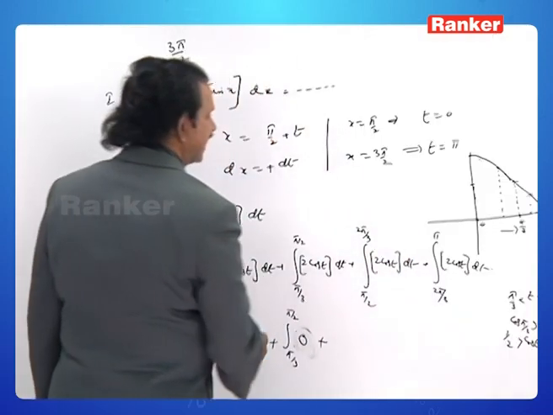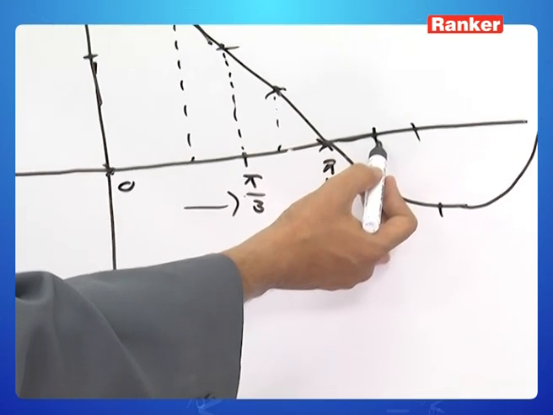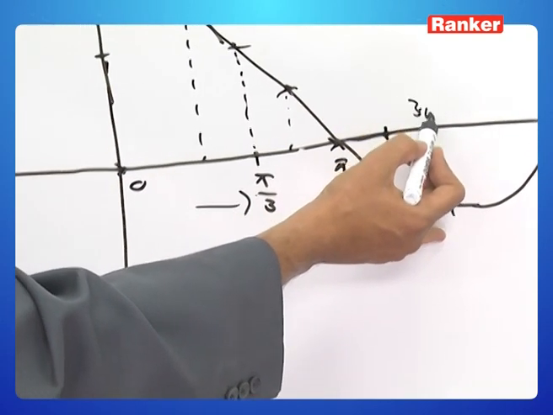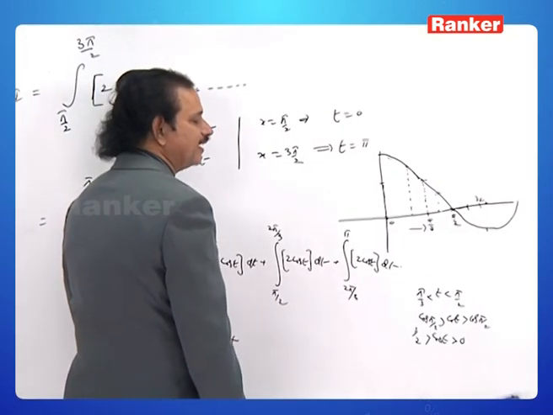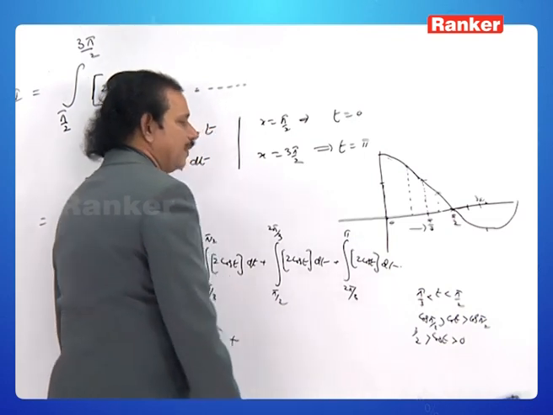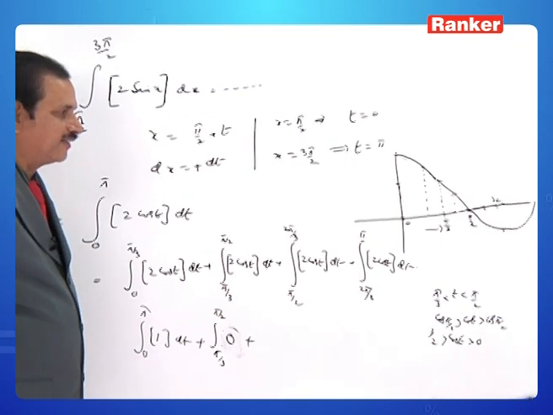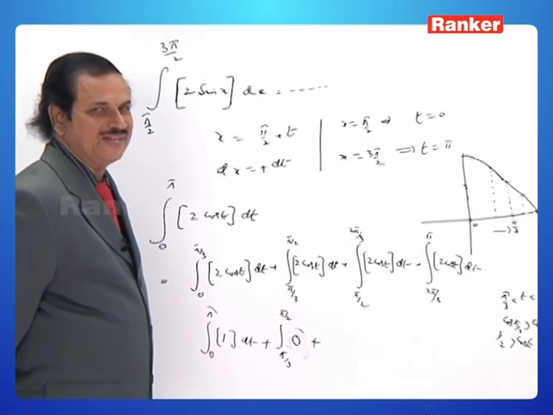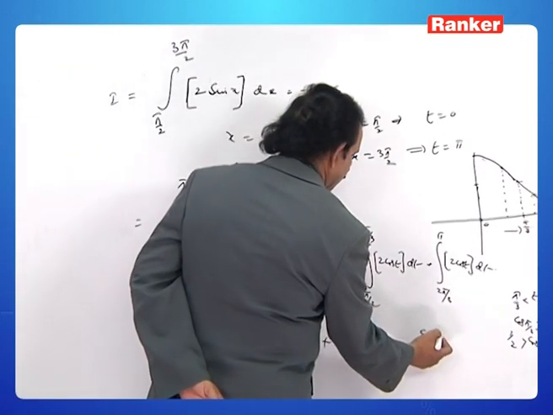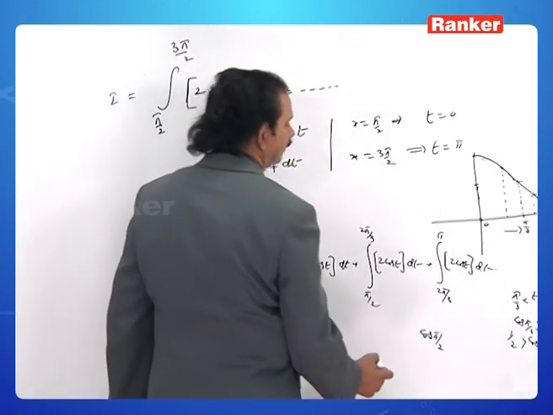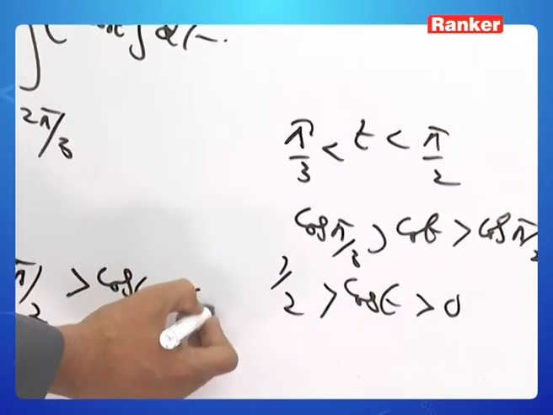What can you understand by that? See, t lies between pi by 2 and 3 pi by 2. Then cos pi by 2 is greater than cos t, which is greater than cos 3 pi by 2.